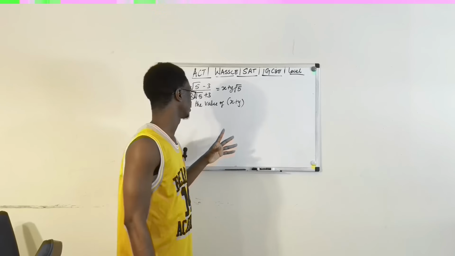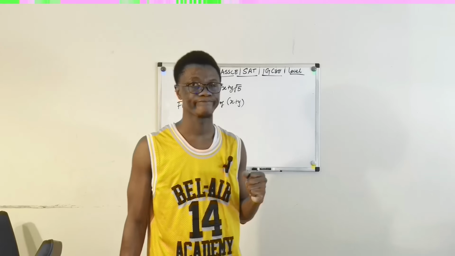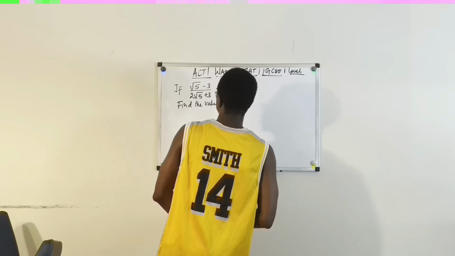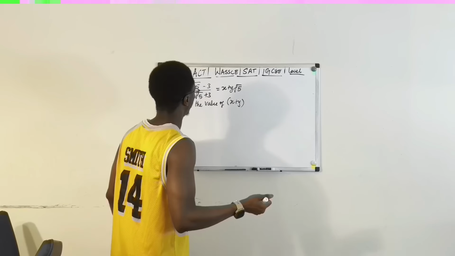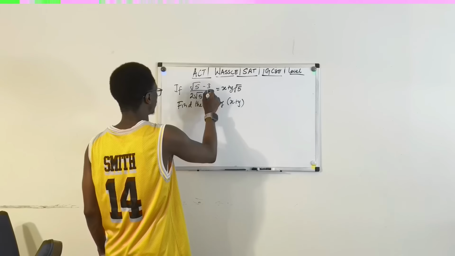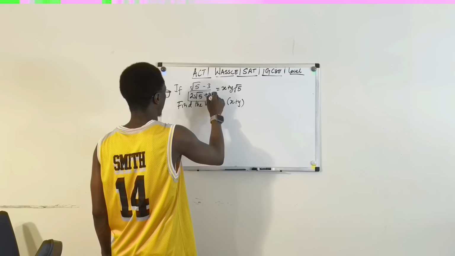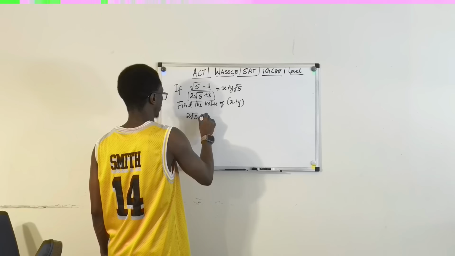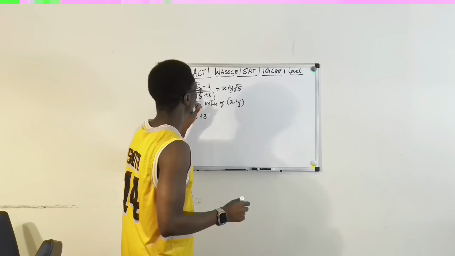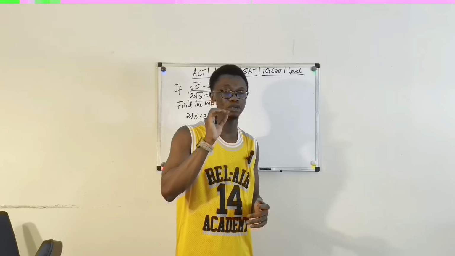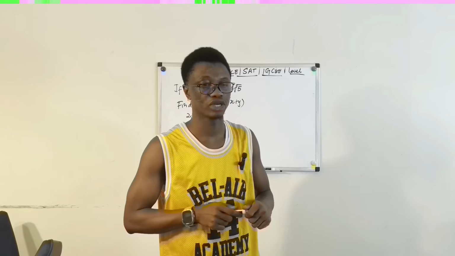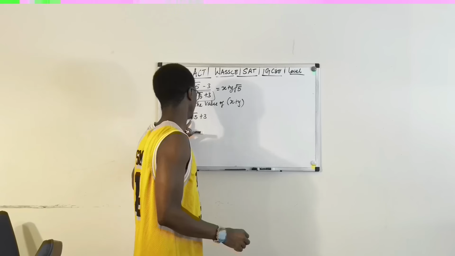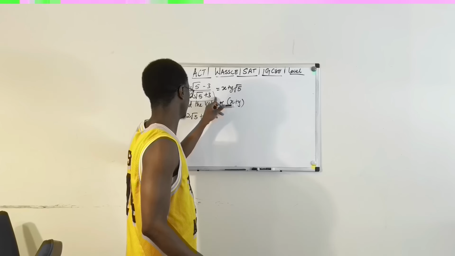This is, oh my god, surds. Okay, so let's deal with this one quickly. Now focus your attention on the denominator here, which is 2 root 5 plus 3. Now for us to solve this, we apply two things. We rationalize the denominator, meaning you multiply this denominator both at the top here and at the bottom.